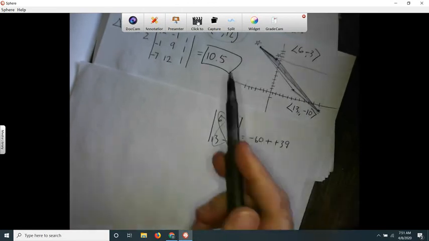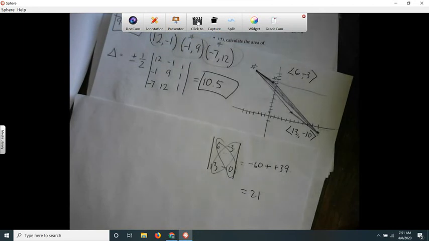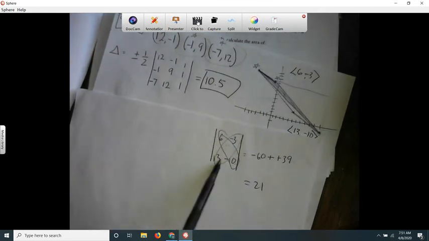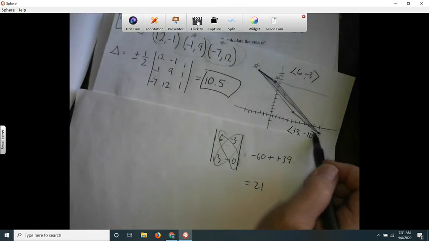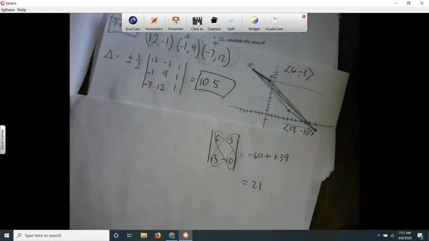So the easiest way to do it is just to double this to get the parallelogram. But if you wanted to understand why, if you looked in your answer book and saw that they had some vectors, I could have used different vectors. I think they even use different vectors. But as long as the vectors are in component form, then that should work.